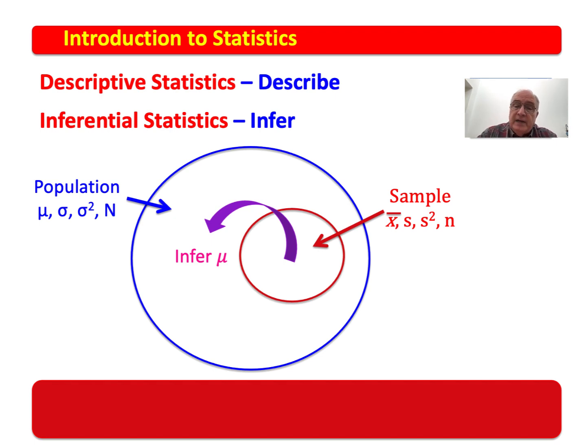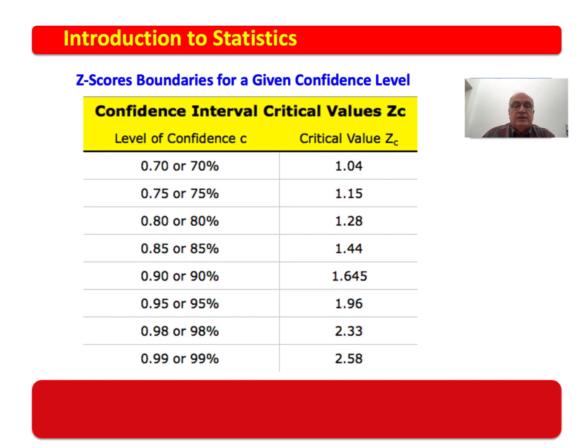We don't know the mean of the population, but we can infer that the mean of the population lies within a certain range. Once we can infer the mean of a population lies within a certain range, then we can test a hypothesis or a claim by a manufacturer to see if it appears to be true or false. That's going to be the next section.